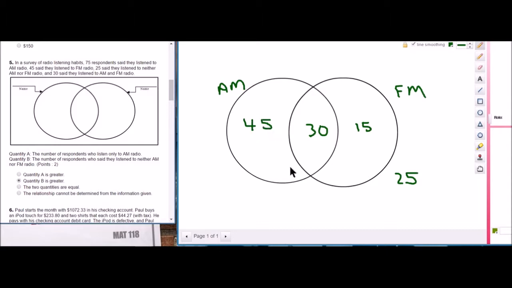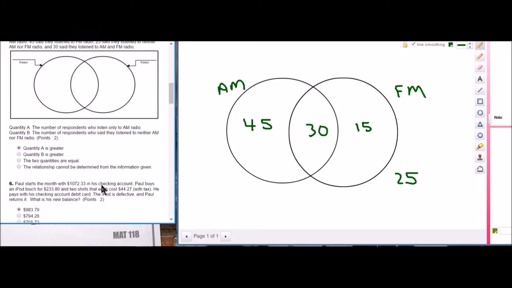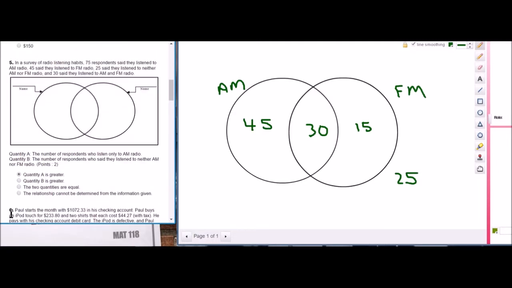So 75 listen to AM, 45 listen to FM. So the whole circles have to add up to those numbers. 45, 30, 75, 30, 15, 45. 25 listen to neither. All right, so let's see. The number of respondents who listen to only AM radio is 45. The number who said they listen to neither is 25. So the AM is larger. All right, so that's number 5.